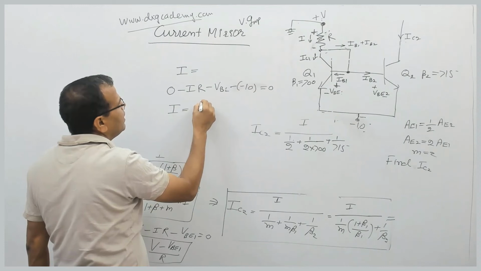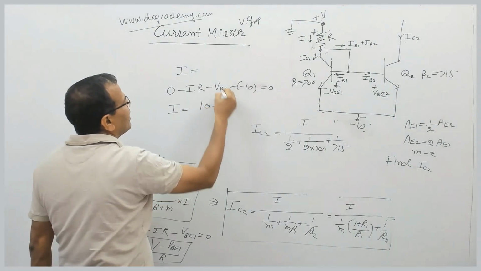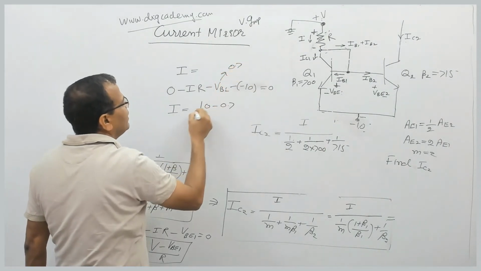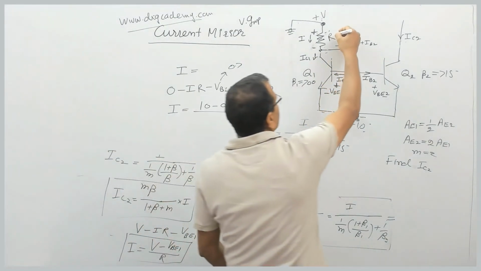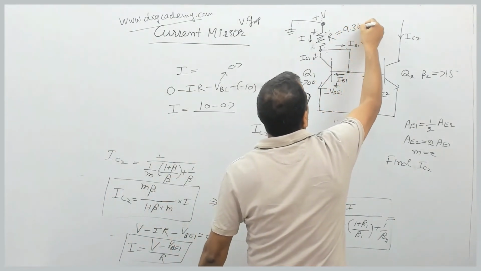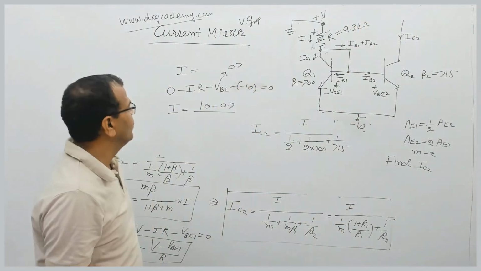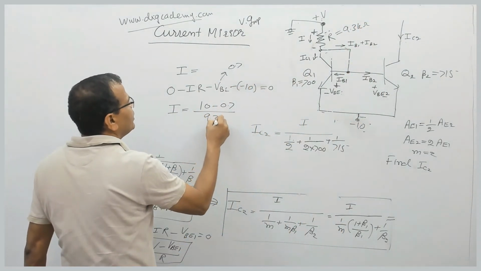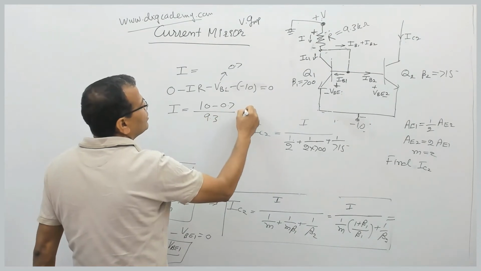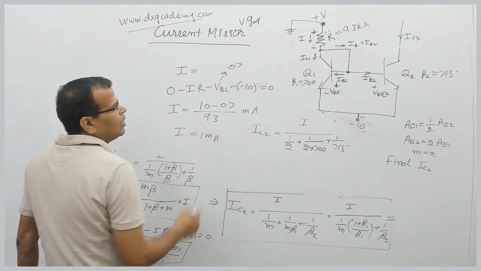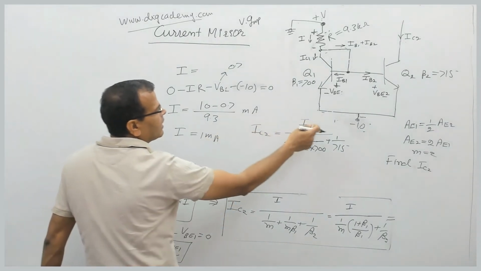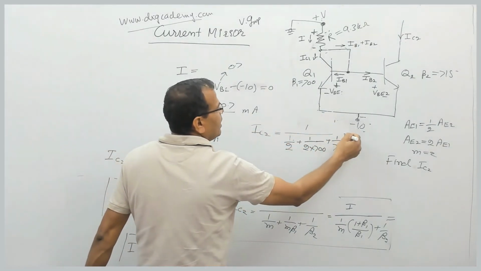Current I will be 10 minus 0.7, taking this to be 0.7, divided by resistance R. This resistance R is given as 9.3 kilo ohms in the circuit. Since it is in kilo ohms, this will be in milliamperes. So I is 1 milliampere.